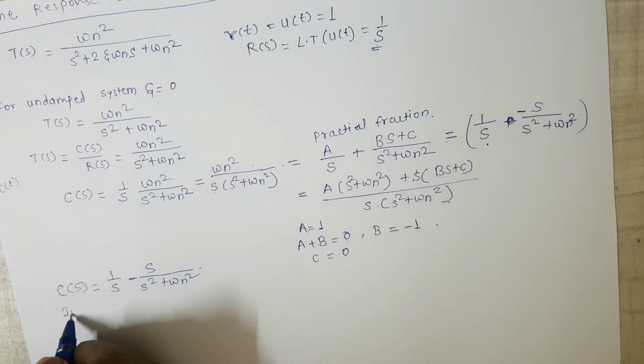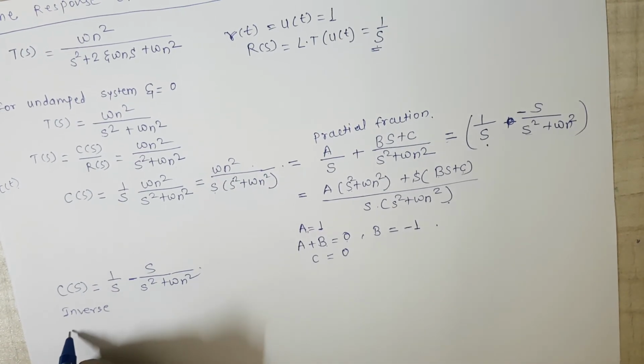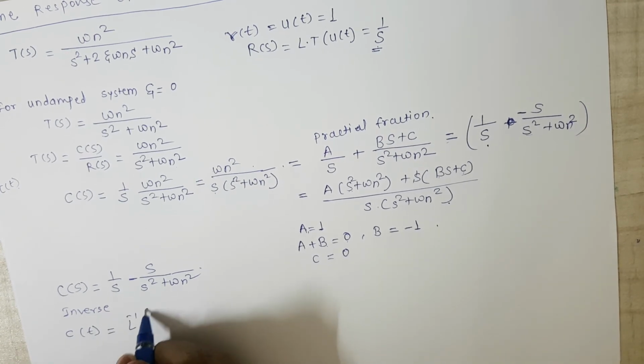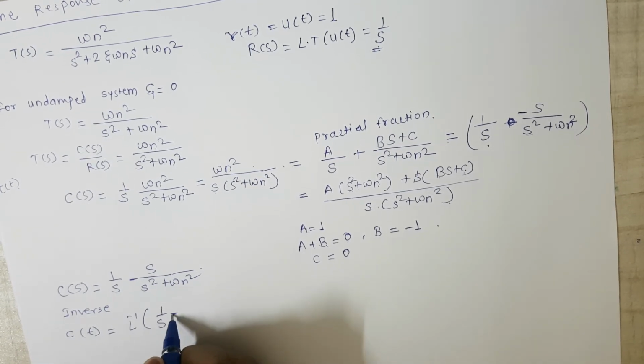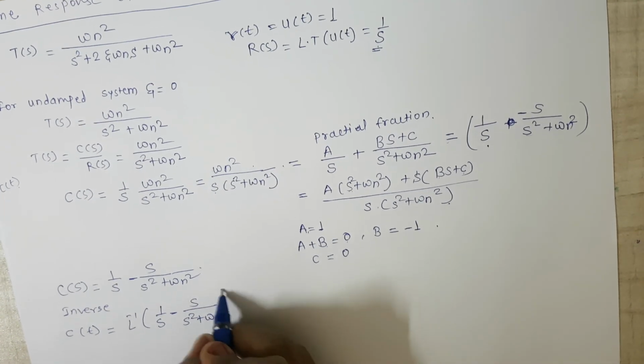So if I am taking the inverse of this, I will get C of t is equal to Laplace inverse of 1 by S minus S upon S square plus omega n square.